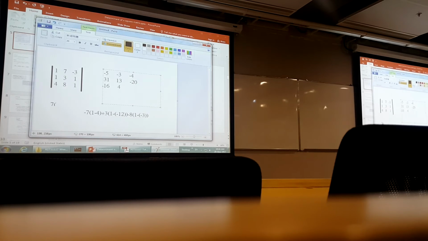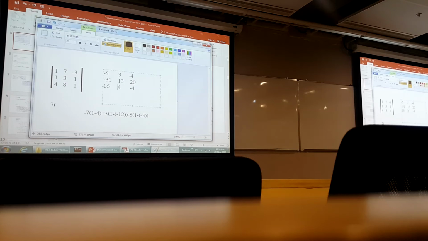The signs are positive, negative, positive, negative. Okay? And the cofactors, inside of some of the numbers, which is 3. And this is minus 31. This is 20.